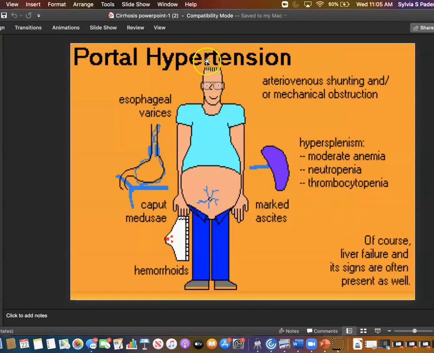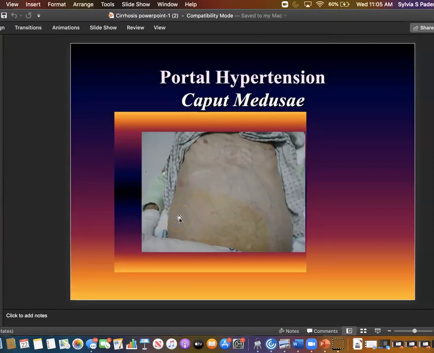So portal hypertension is a late manifestation of liver failure. So they will have all the symptoms of liver failure and all this added to it. Here's an actual patient with a caput medusa.